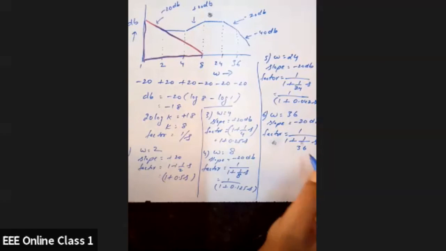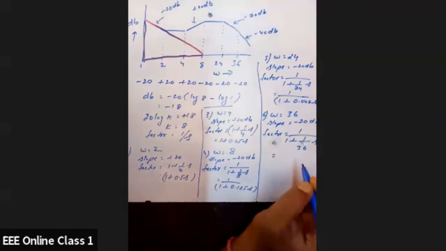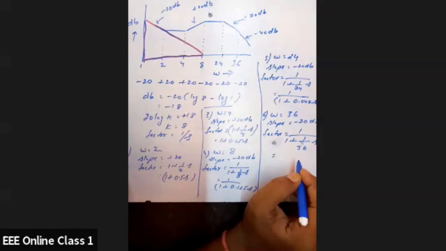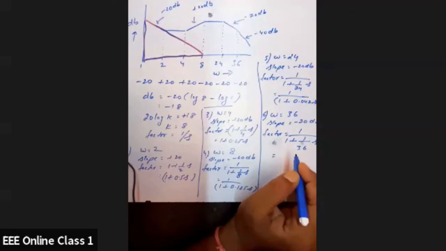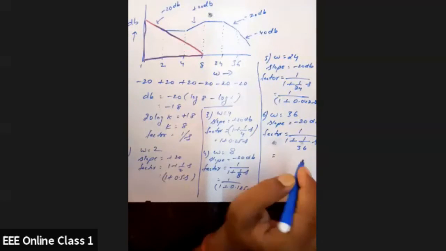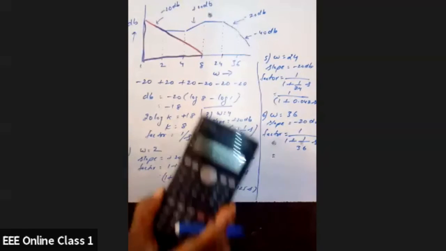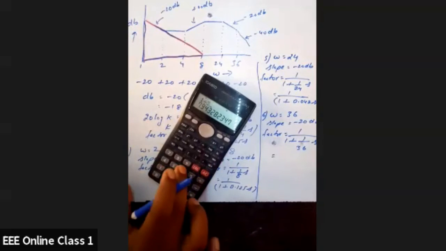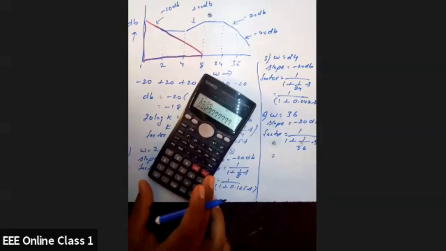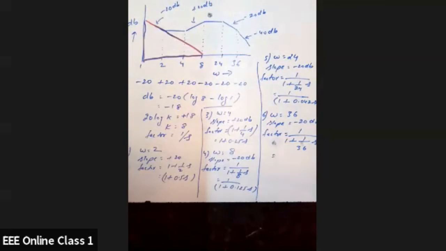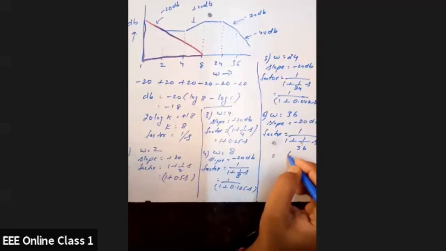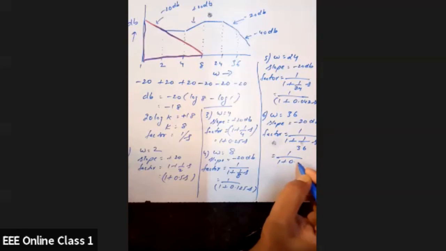So 0.027. So this becomes 1 by 1 plus 0.027 s.